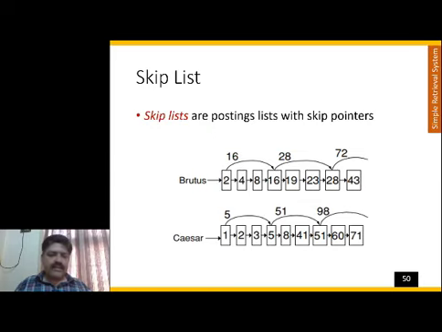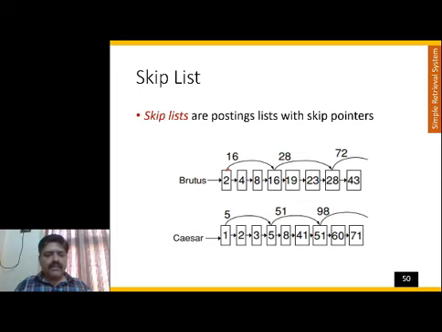The Brutus linked list, the postings of Brutus, was simply a list of all the document IDs, and we used to navigate from left to right. But we could have additional pointers which could jump and take us to some value further down the list.